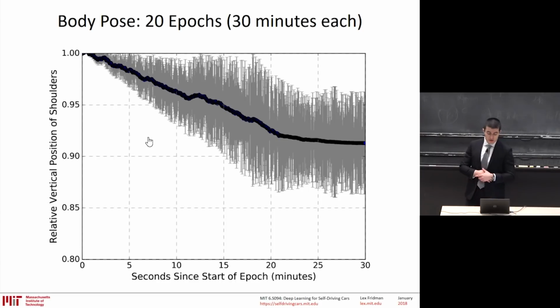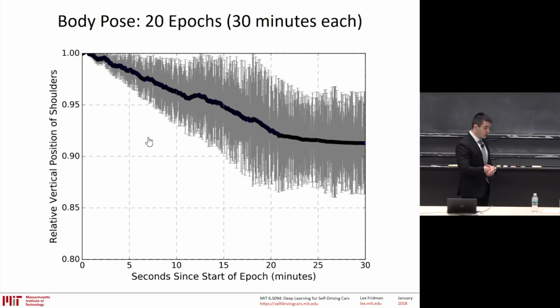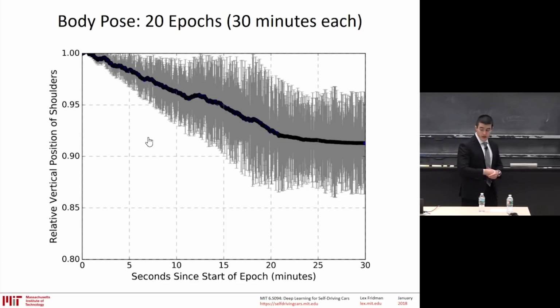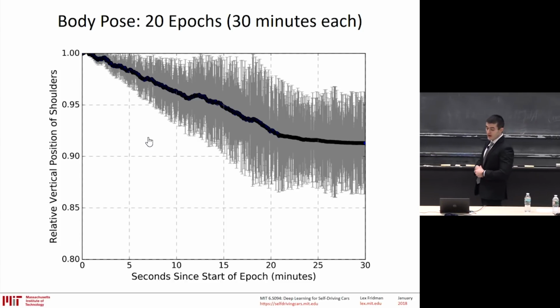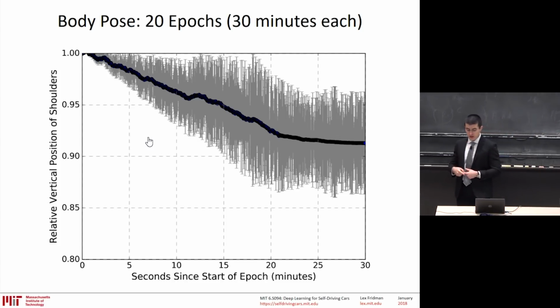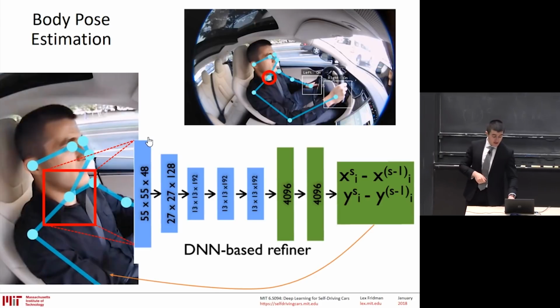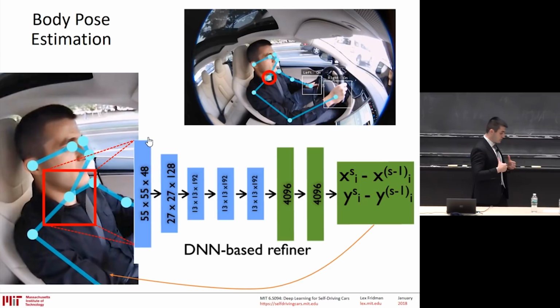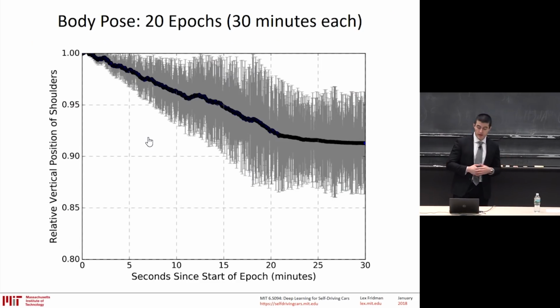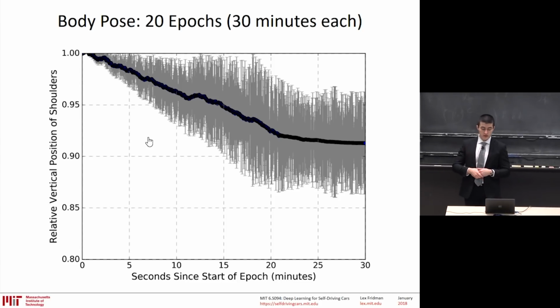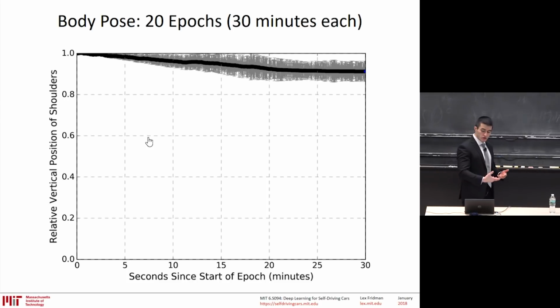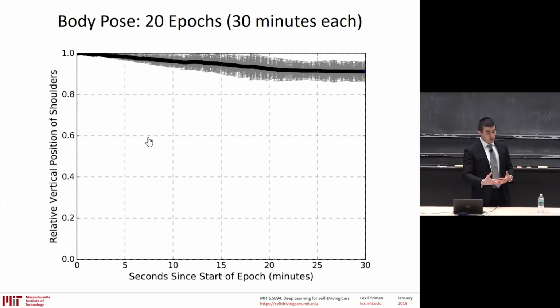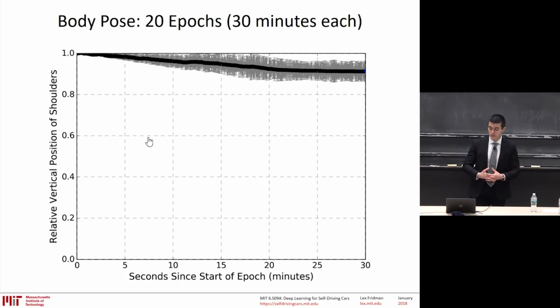For example, looking during autopilot driving, 30-minute periods, on the x-axis is time, and the y-axis is the position of the neck point that I pointed out in the previous slide, the midpoint between the two shoulders, the neck, is the position over time relative to where it began. This is the slouching, the sinking into the seat. Allowing the car to know that information and allowing us, or the designers of safety systems, to know that information is really important.